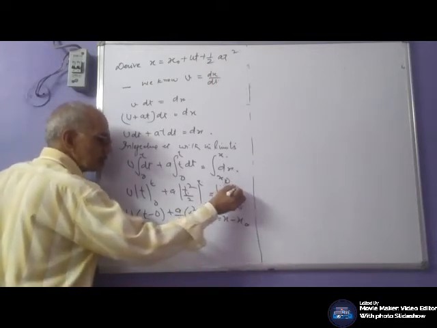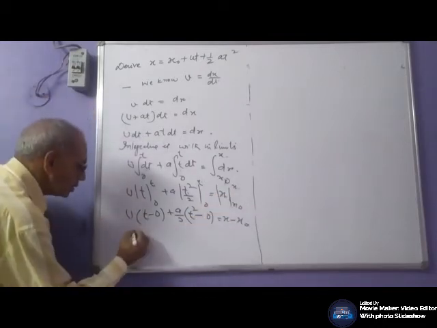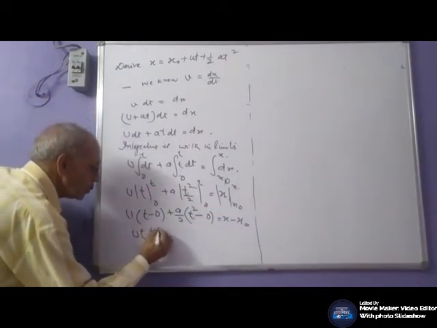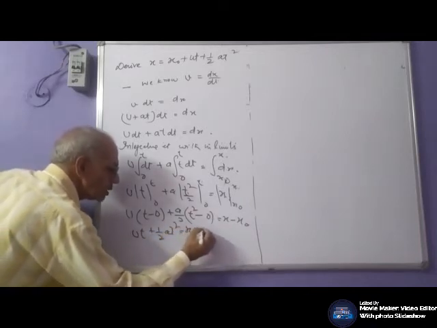Value of x is x minus x naught. So it is ut plus half at square, equal to x minus x naught.